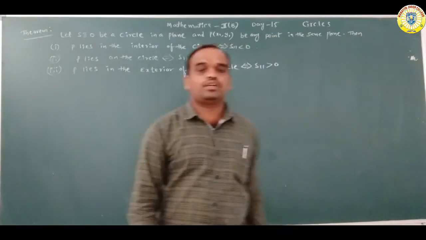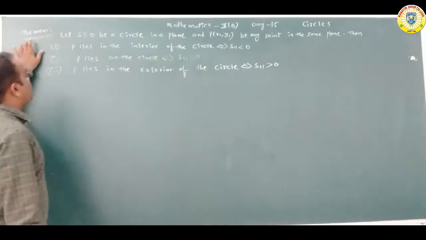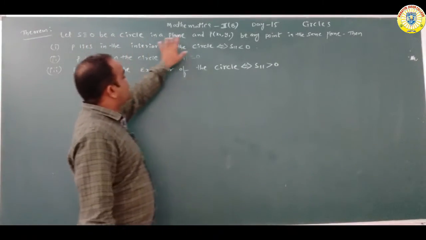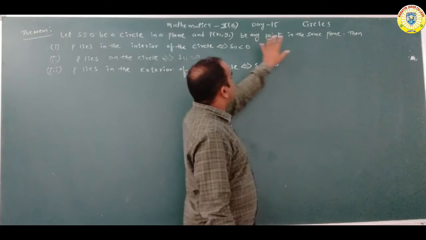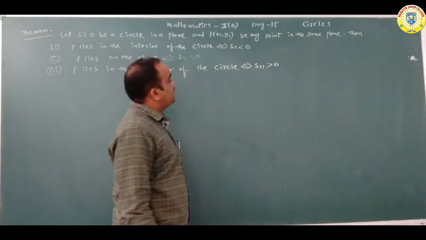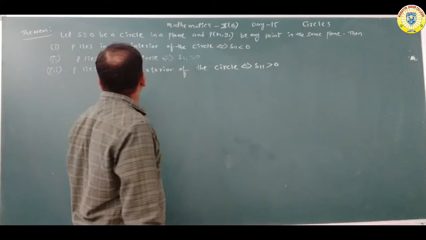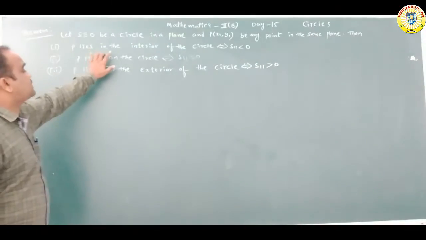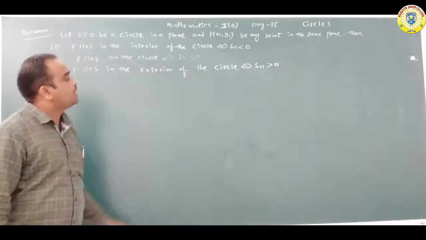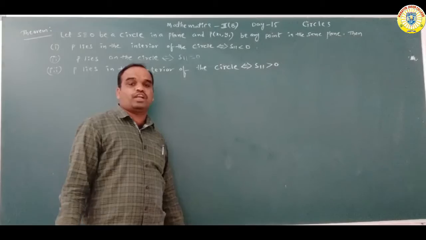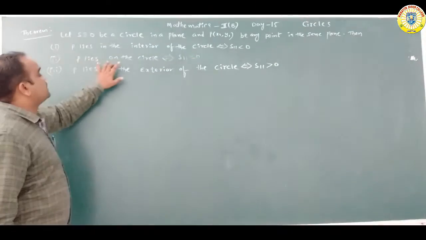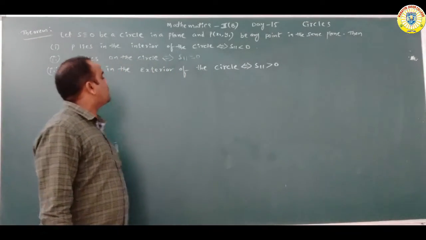So observe this one. Next theorem. Let S is equal to 0 be a circle in a plane, and P of x1, y1 be any point in the same plane. Then P lies in the interior of the circle if and only if S11 is less than 0. P lies on the circle if and only if S11 is equal to 0.